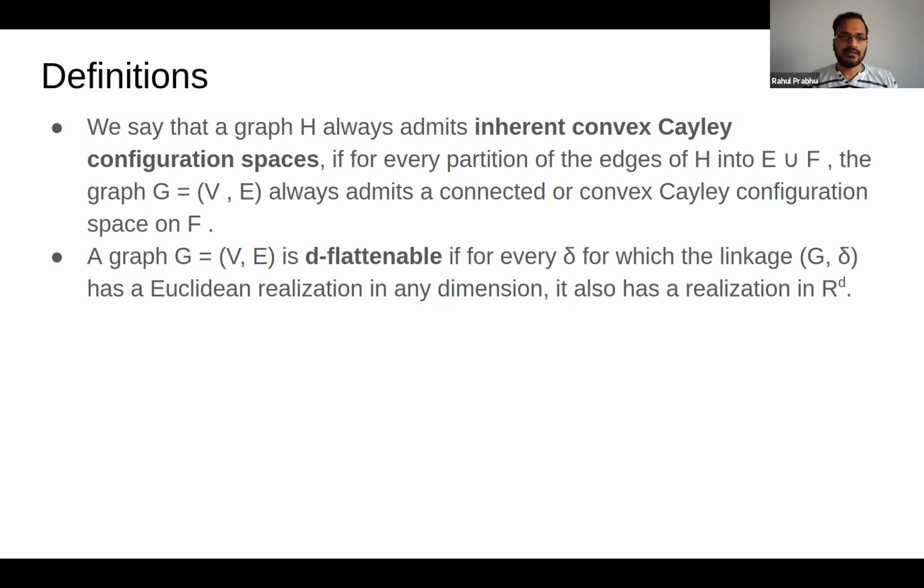But in this idea of inherent Cayley configuration space, all I'm saying is that if I give you a graph H, you can partition the edges of H any which way into two sets E and F. Then the graph G got by the edge set E will always admit convex Cayley configuration space on the set of non-edges F.